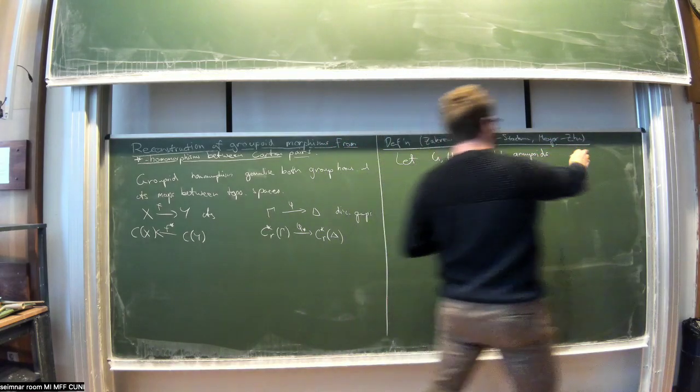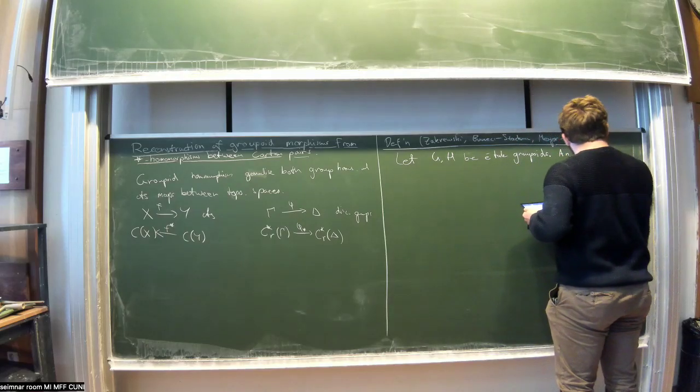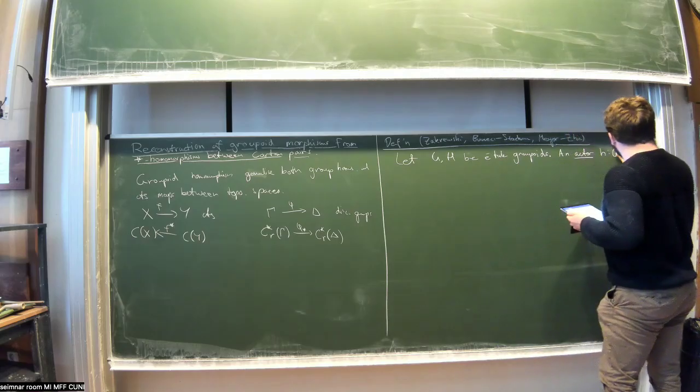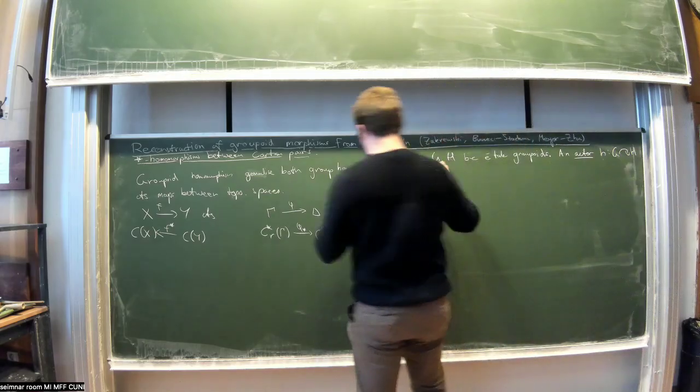So two étale groupoids, an actor from G to H consists of the following data.